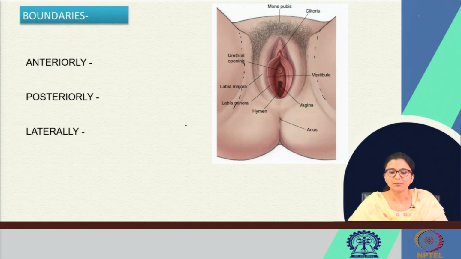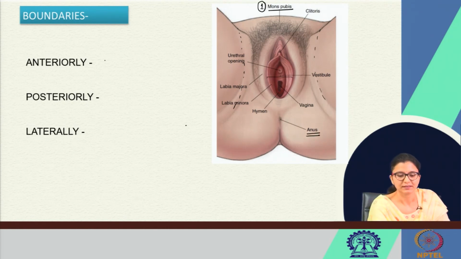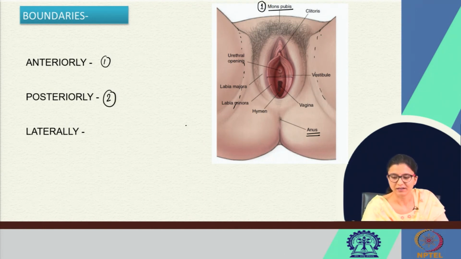Coming to the boundaries of the vulva. Anteriorly, it is bounded by the mons pubis. Posteriorly, it is bounded by the anal opening, and laterally are the two genitocrural folds.